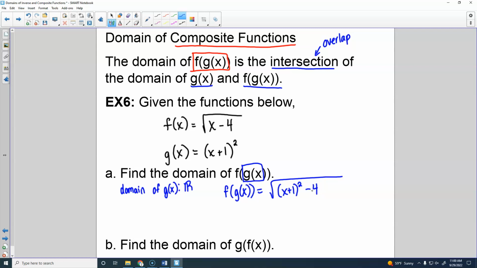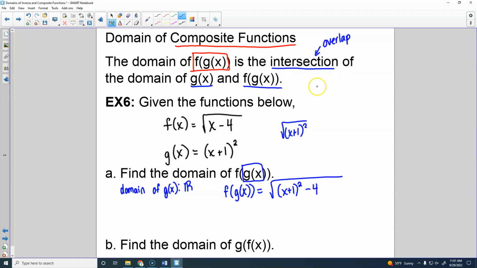No. The square root and the square do not cancel because you've got this minus 4 over here. If you just had square root of x plus 1 squared like that, then square root and square would cancel. But because of this minus 4 on the end, that is not going to be the case.